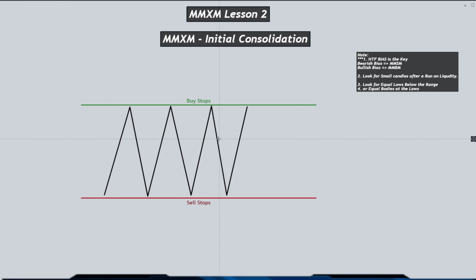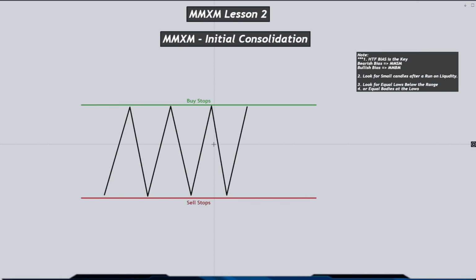After that, you are expecting a manipulation, then a distribution. This aligns with the first lesson as well. If you have missed the first lesson, go and watch it carefully. Take notes, watch the full video. It's funny how people are willing to learn things that I have mastered over 3-4 years of trading, and they don't even have time to watch 7 minutes worth of video.